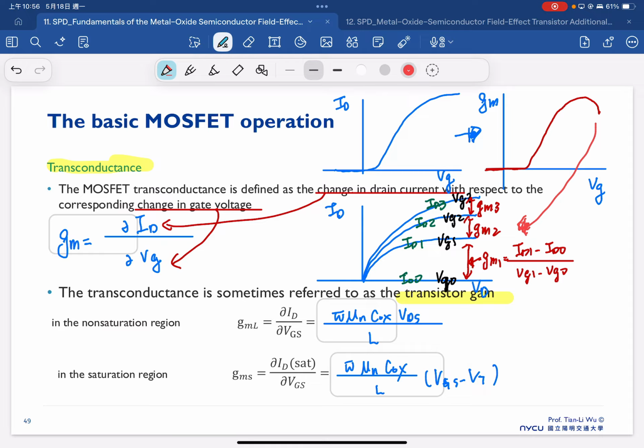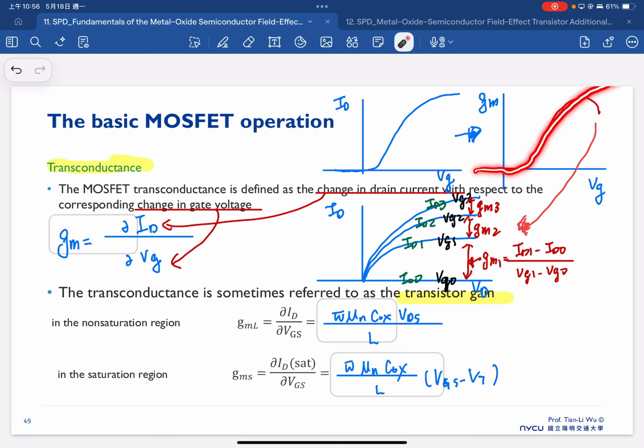If we can make the transistor's transconductance always increase without decrease, which means this one is always as large as possible as we increase the gate voltage, that's one of the very important research directions, because in most cases without careful optimization, the transconductance always decreases at high gate bias.